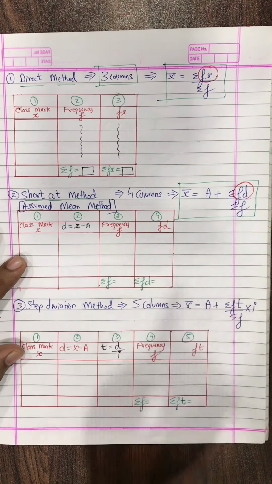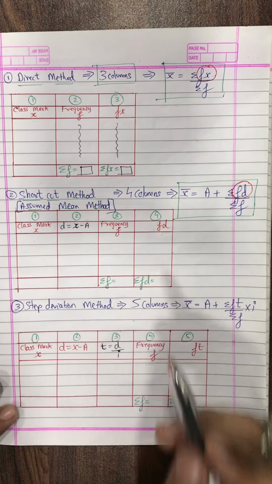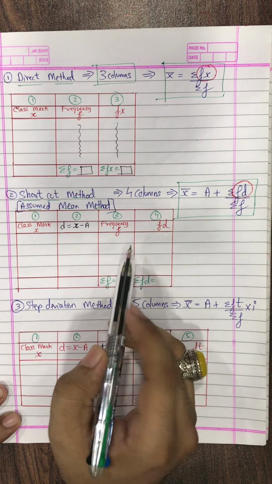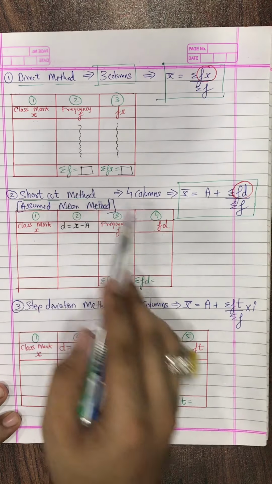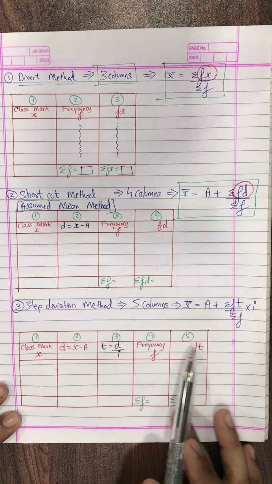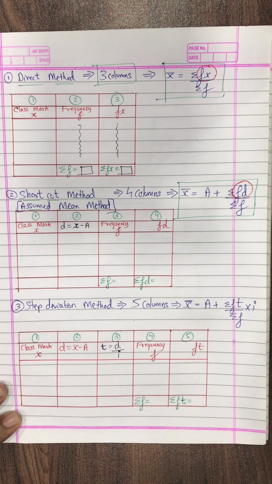Now please mark my words: the second last column will always be frequency. Memorize this, please. Here the second last column was frequency, here also frequency.